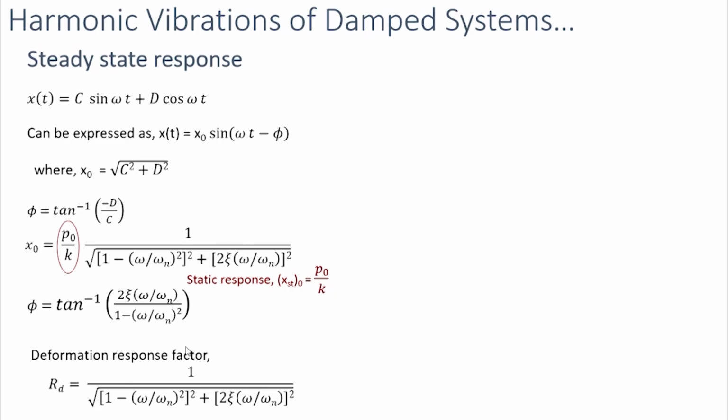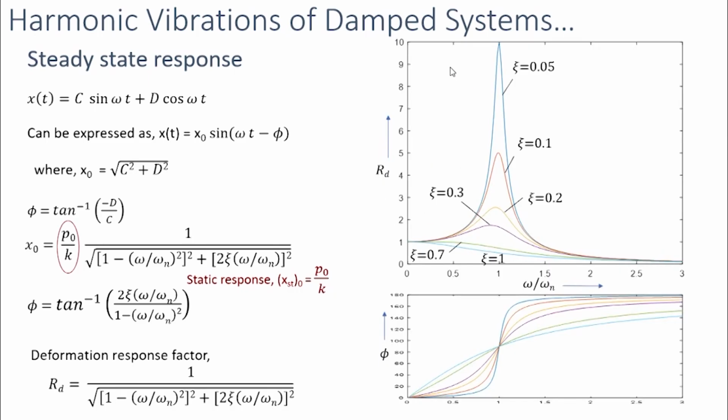Now let's see how this deformation response factor varies with the damping ratio. We have seen a similar result in undamped systems also. So in damped systems, depending upon the damping ratio, the value of Rd changes.